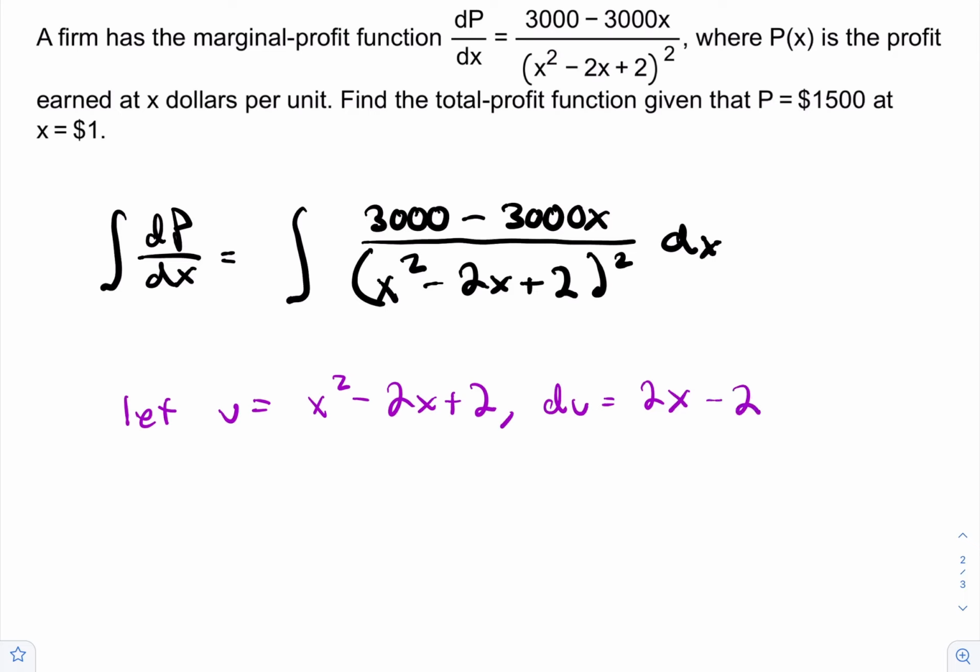Notice we don't have a 2x minus 2, but if we factor out negative 2 and divide both sides by negative 2, we get negative 1/2 du equals 1 minus x. So it looks like we can manipulate the original to get a 1 minus x, and there's a dx here.